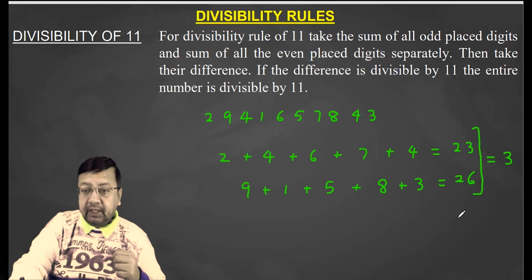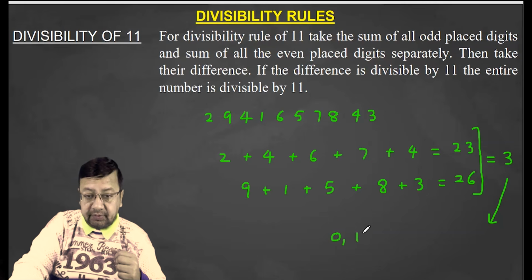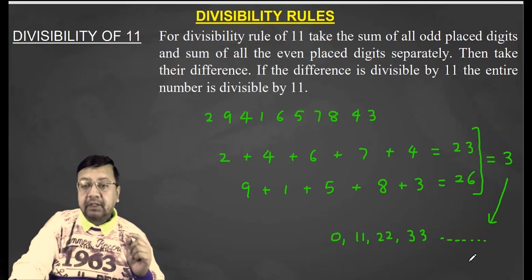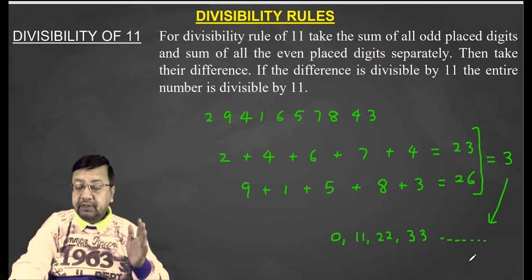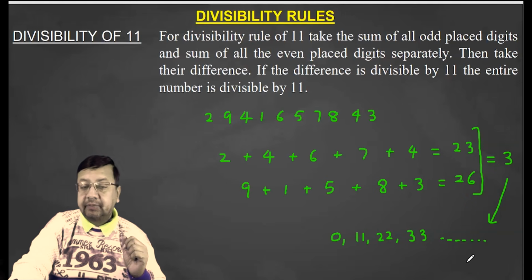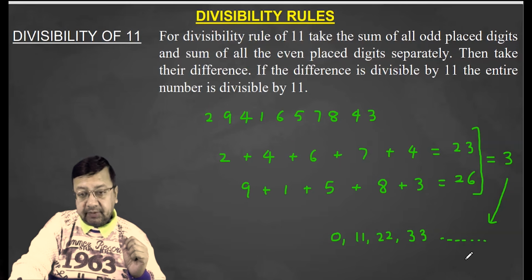Again, we have to check if you are getting some difference which is maybe 0 or 11 or 22 or 33 or some number which is a multiple of 11, then this complete number is divisible by 11, right? Right now we are getting a difference as 3. So 3 is not divisible by 11. This means that this complete number is not divisible by 11, right?